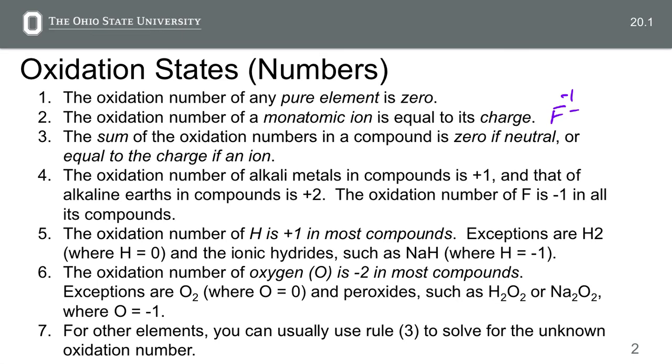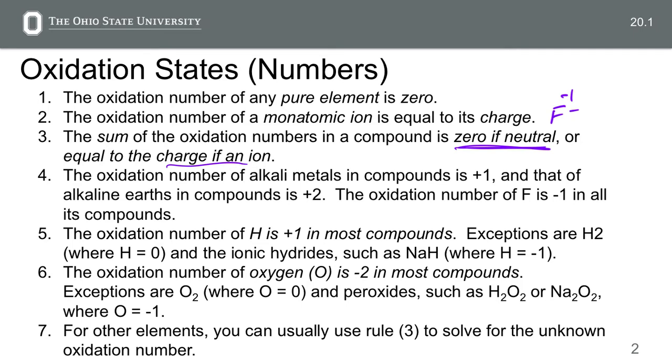This is kind of bookkeeping. The sum of oxidation numbers of a compound is 0 if that compound is neutral, or it's equal to the charge of an ion. So given this rule, we're able to set up an equation to solve for certain oxidation numbers if we're unsure of what they are.